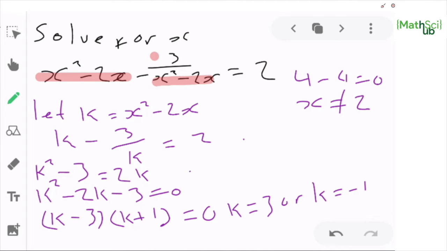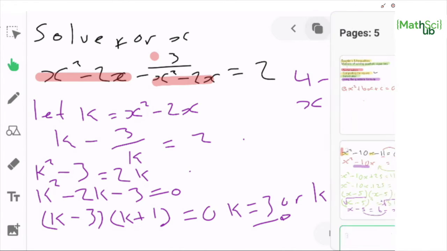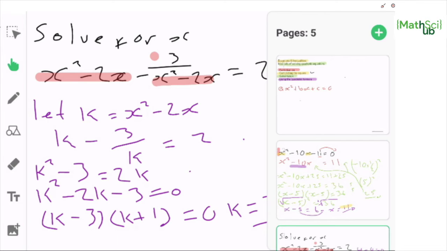Now, after getting your factors for k, you go back to your original equation, and then substitute your k. Let me get a clean board.